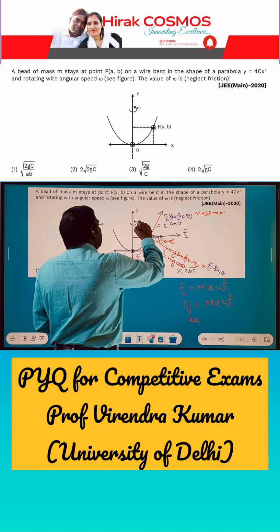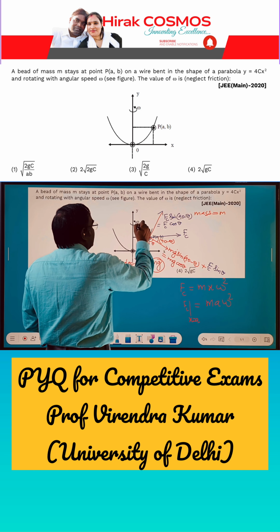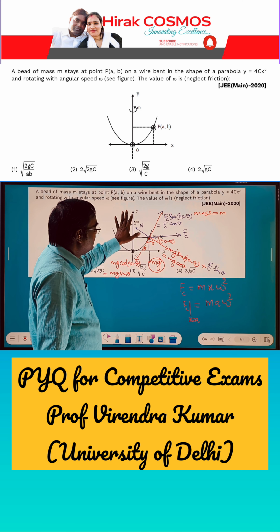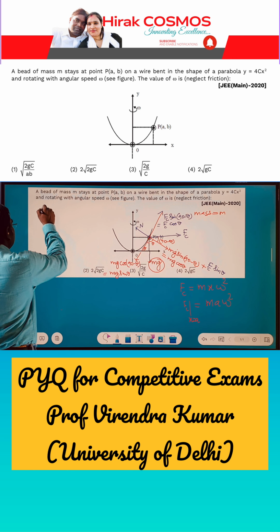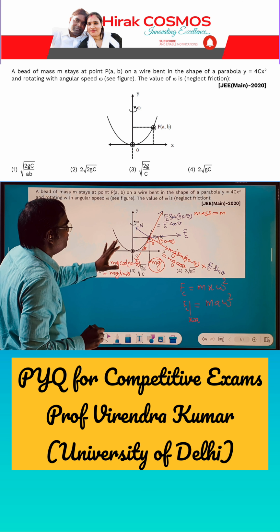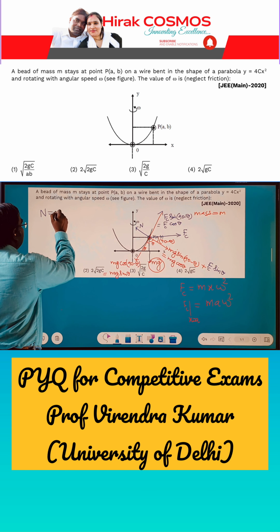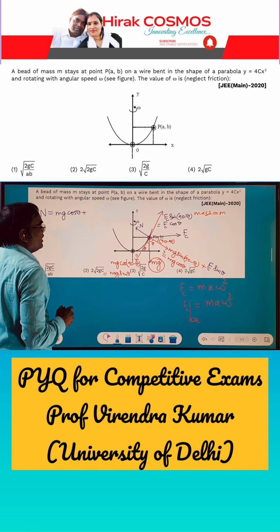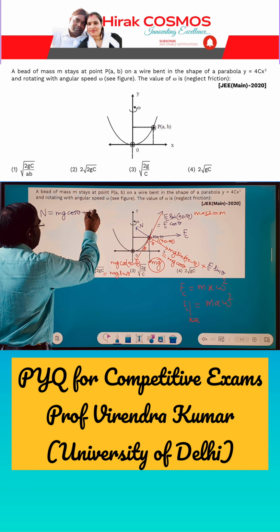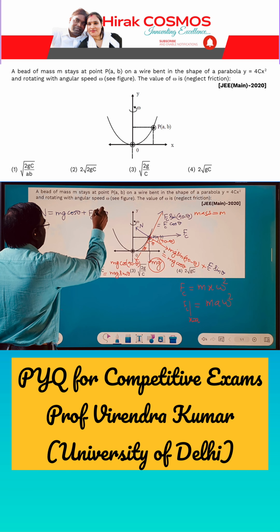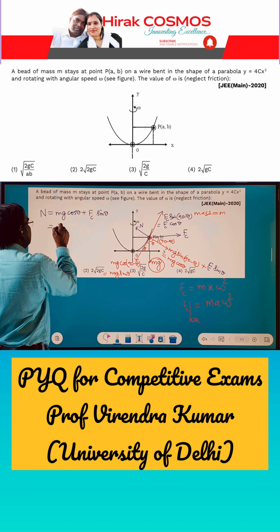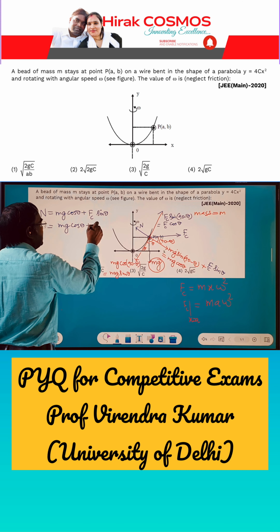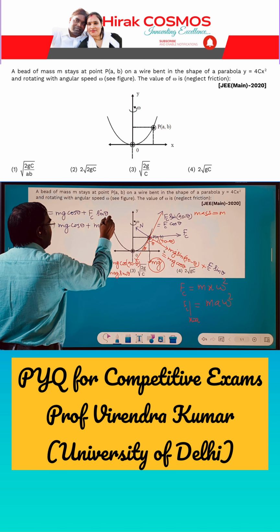acting on the bead due to the wire, that is the N, right? This N must be equal to mg cos theta plus Fc sin theta, where Fc is equal to m a omega square.